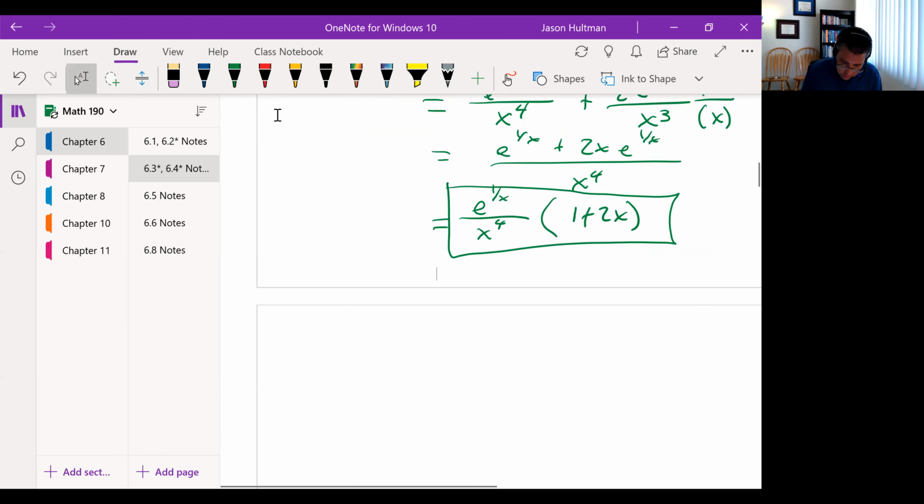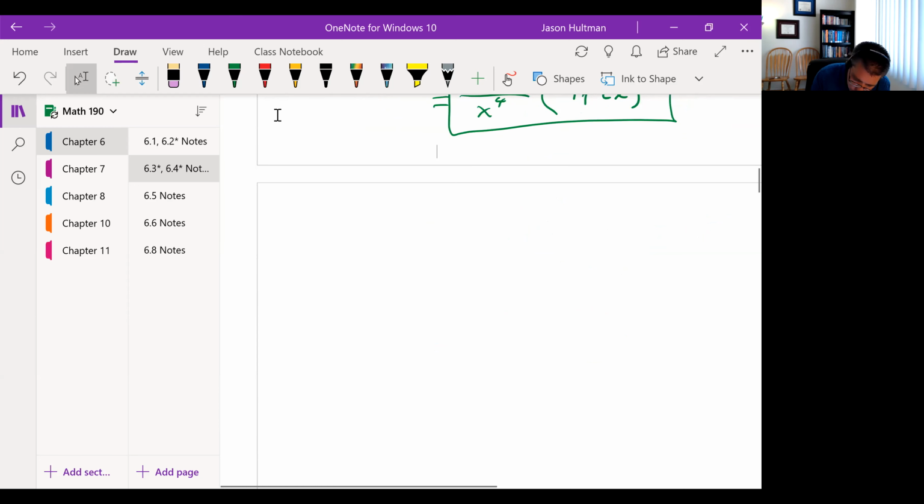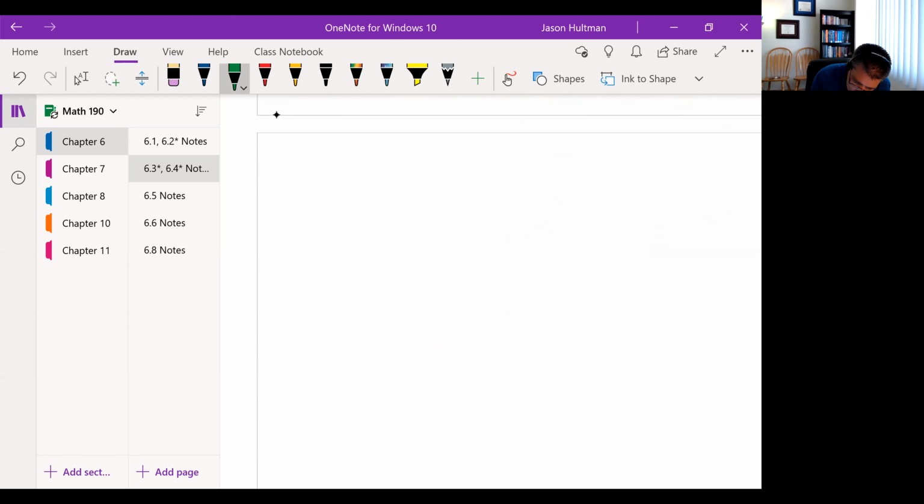Let's talk about what's the integral of e to the x dx? Anybody know? E to the x.